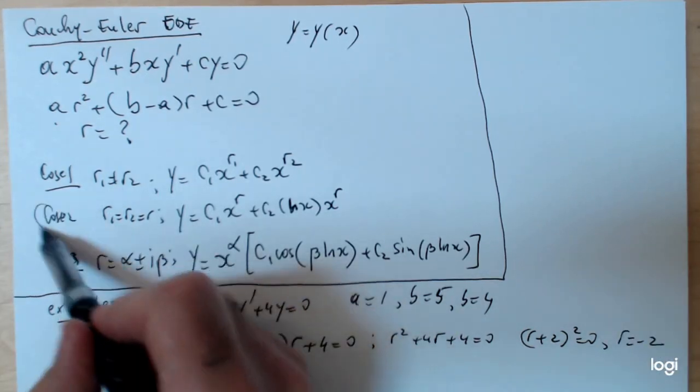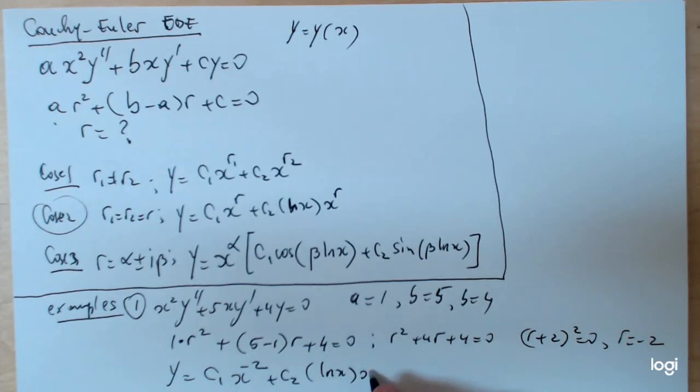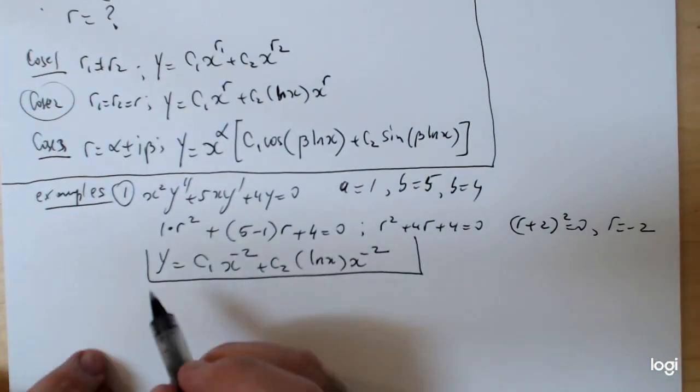We are in the second case, so the solution would be c1 x to the minus 2 plus c2 natural log of x times x to the minus 2.